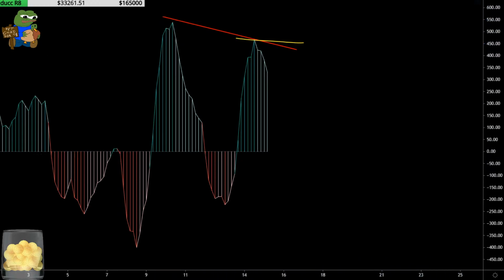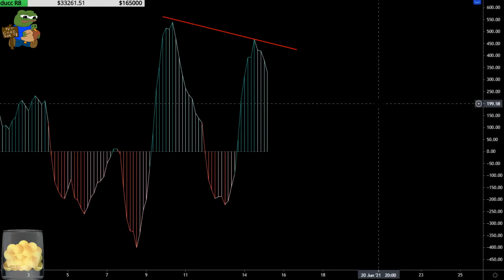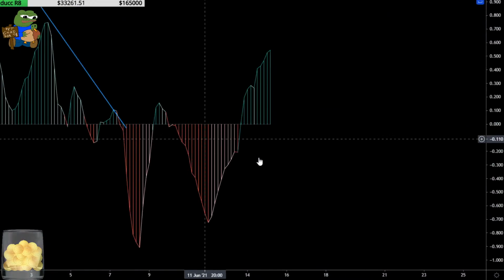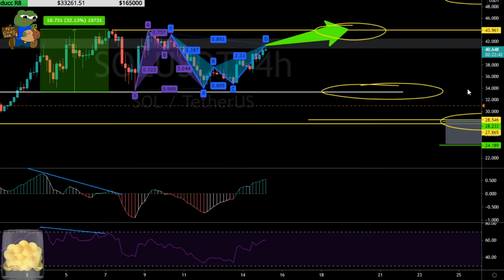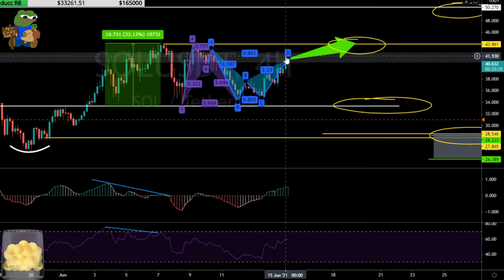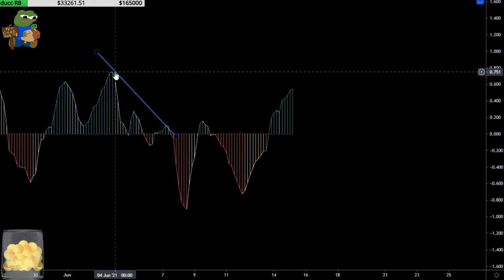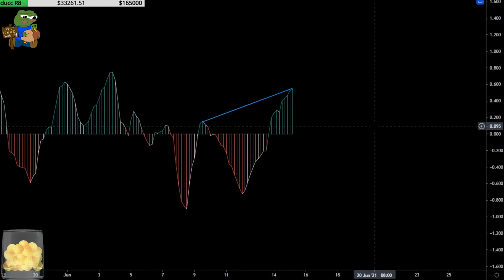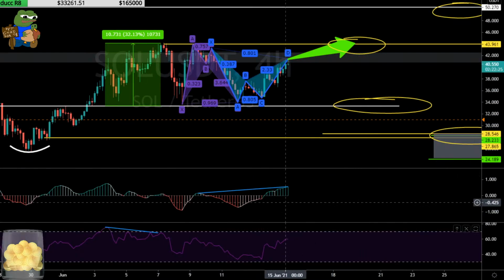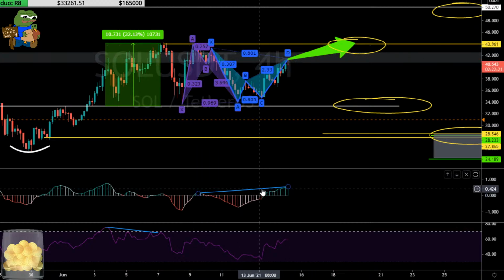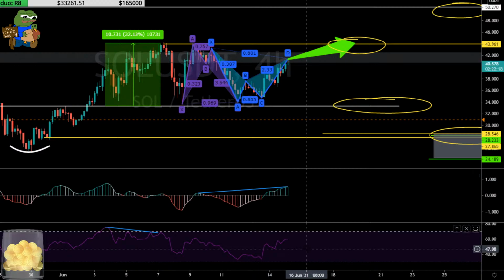So let's look back over at SOL. And you can see we have, not good, hidden bearish divergence, where you have a high on price and a lower high on price with higher levels of positive momentum.